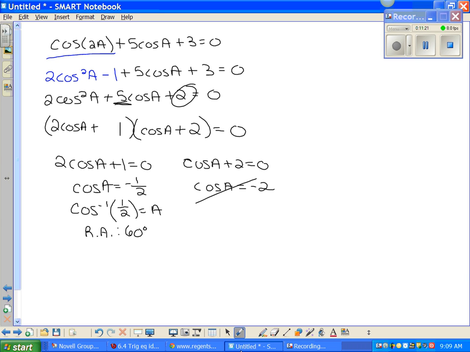Do I want the reference angle? No, because I'm concerned where cosine is equal to a negative. Where's cosine negative? Second and third. Okay. How do I get the angle in the second quadrant? Yep, 180 minus. How do I get the angle in the third? Which is going to give me 240. So my solutions are 120 and 240.